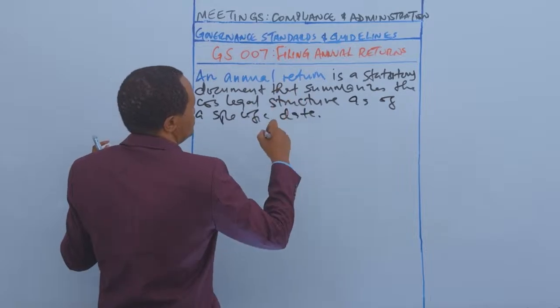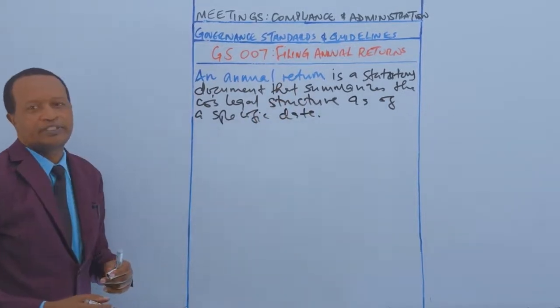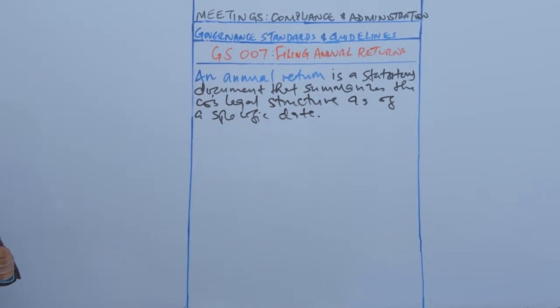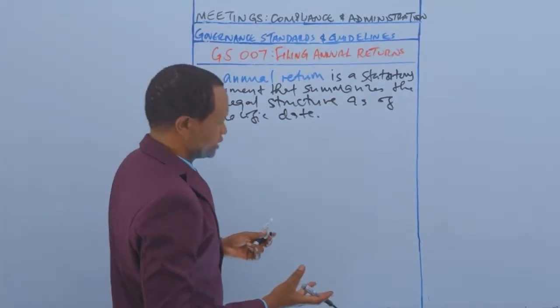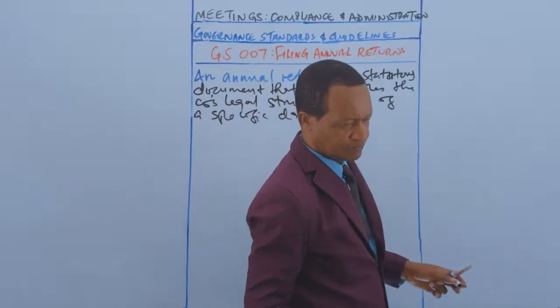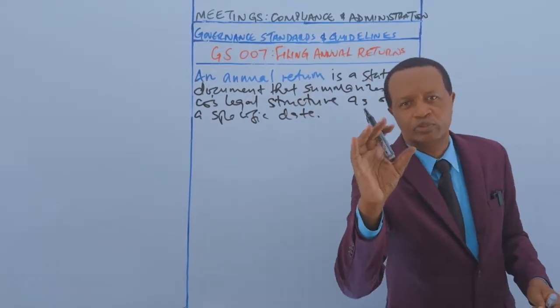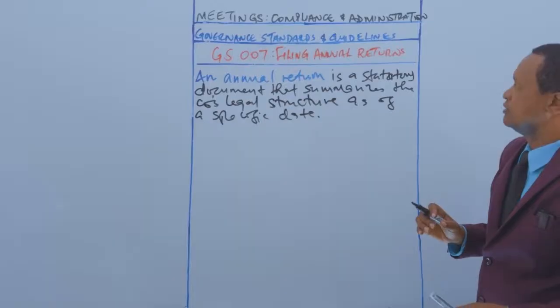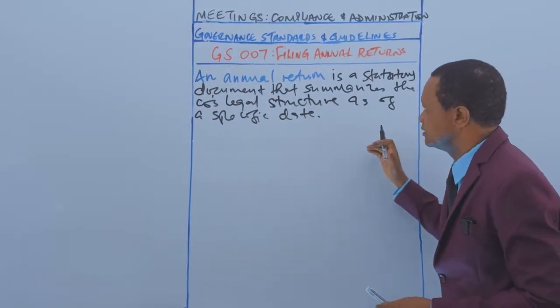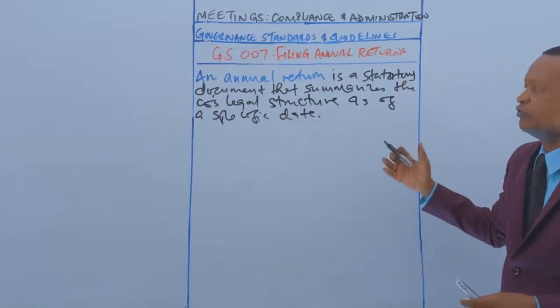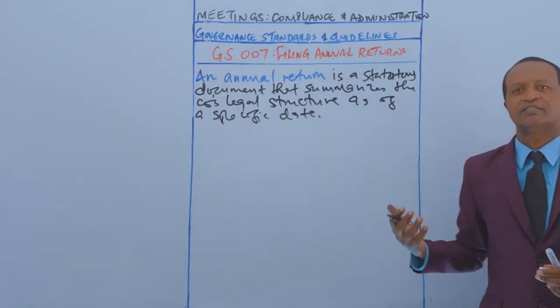That is the meaning of a statutory annual return in a snapshot. It is a statutory document that summarizes the company's legal structure as of a specific date.